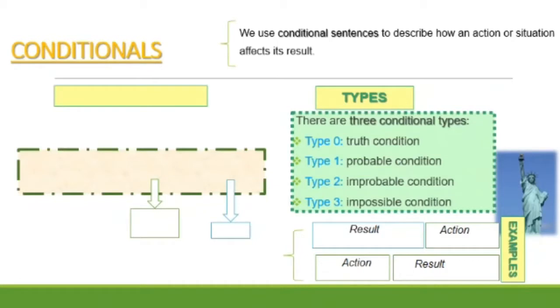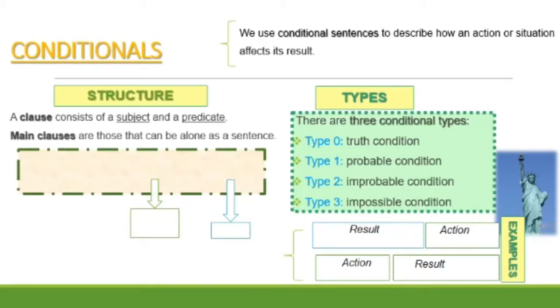We use conditional sentences to describe how an action or situation affects its result. So, step by step, we're going to learn how conditional sentences work, when we use them, and how we use them. Okay, so let's start.